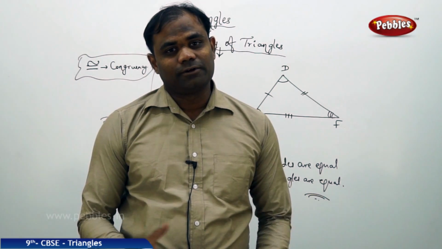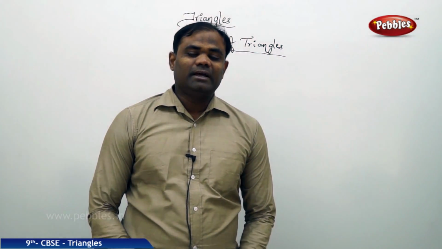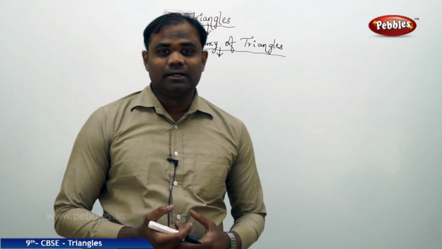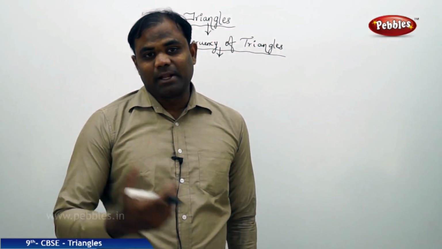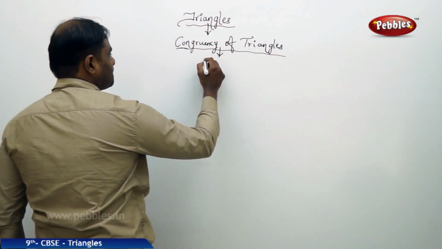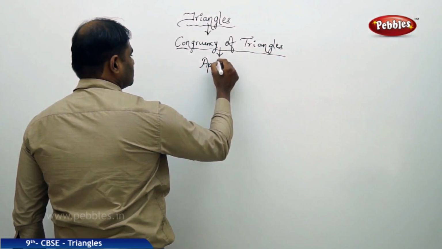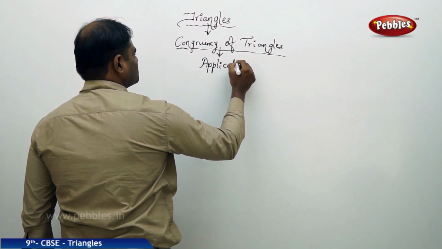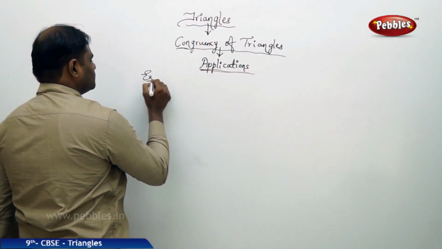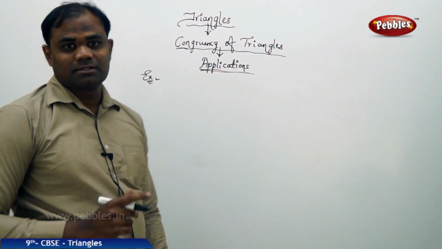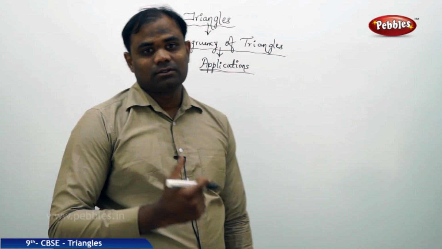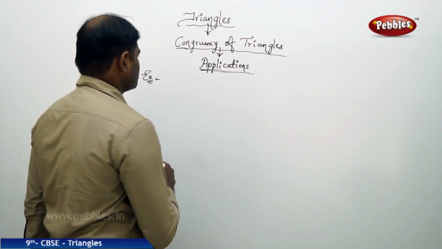Congruency of triangles. Now that we have seen the rules for congruency of two triangles, let's see its applications through some applied problems. For example, I start with applications. I have two triangles. Let me examine if the two triangles are congruent or not congruent.